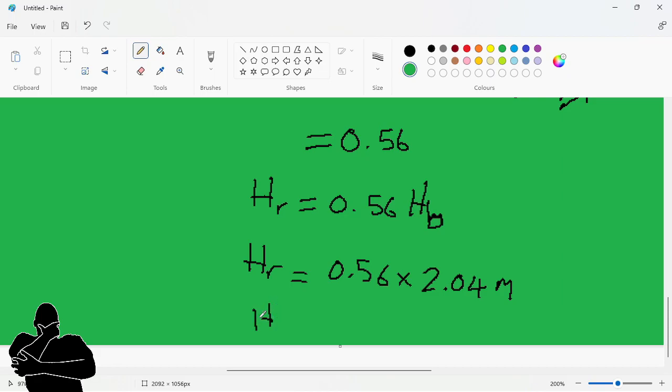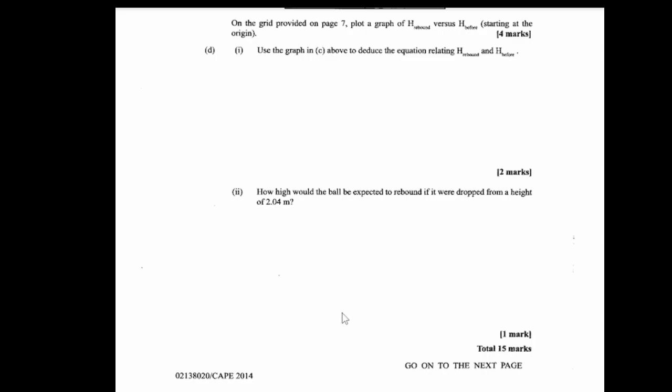And that would equate to 1.14 meters. And that would be the end of the question.